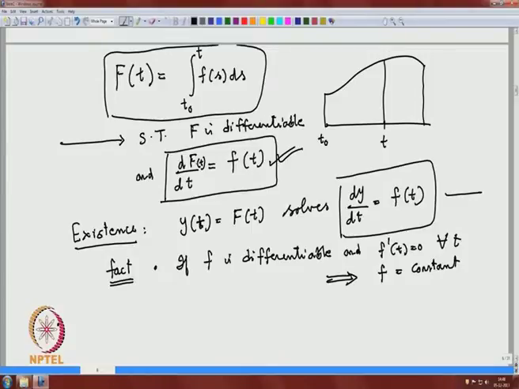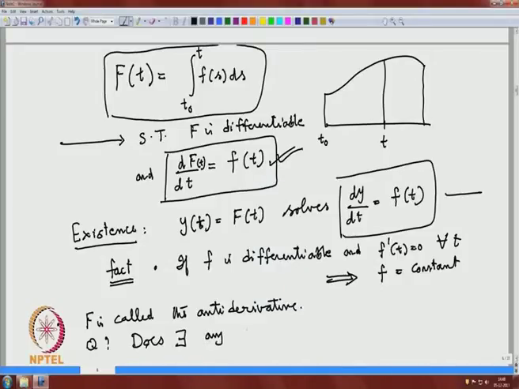So, this capital F is called the antiderivative. The question is, does there exist any other antiderivative? That is the question.